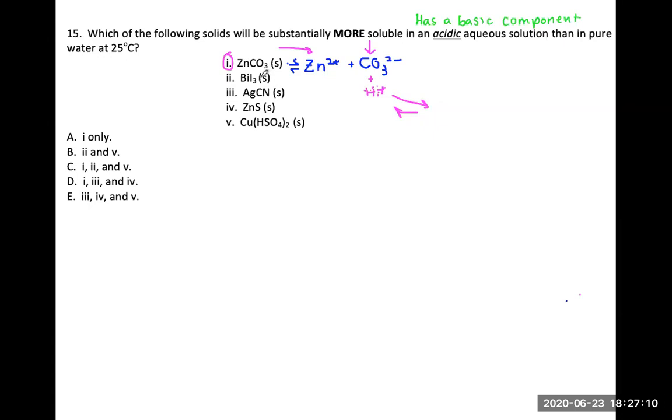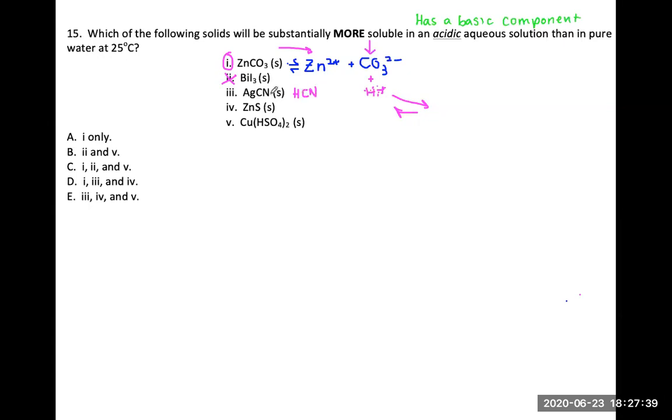If we looked at bismuth ions and iodide ions, iodide is the conjugate of a strong acid, making it a negligible base. This is out. The cyanide ions are going to be a weak base, since they're the conjugate of HCN, which is a weak acid.